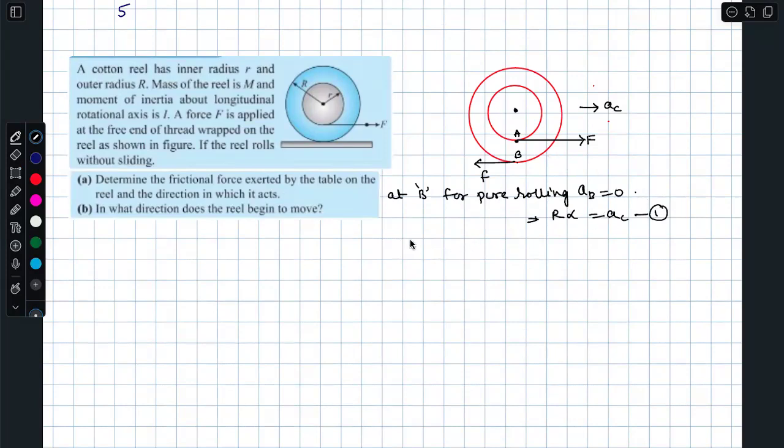At A, acceleration of A is AC minus R alpha. Why? This is how you have alpha. At this point, R alpha, AC.